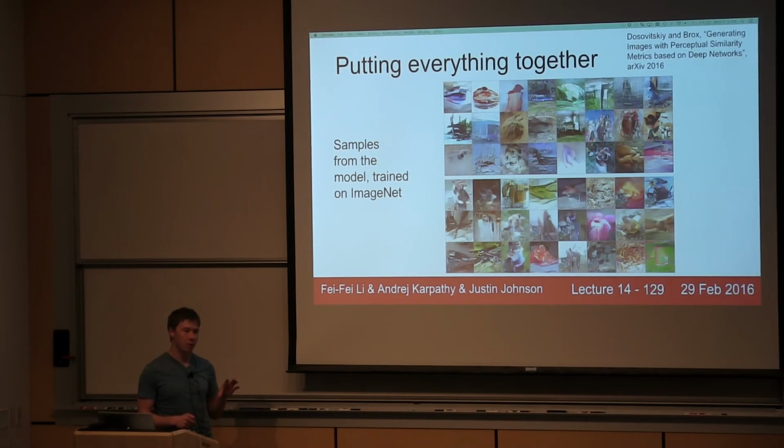And those beautiful bedroom samples that you saw were, again, from training one model that's specific to bedrooms. But here, they actually trained one model on all of ImageNet. And still, these aren't real images, but they're definitely getting towards real-ish looking images. So I think these are pretty cool. I also think it's kind of fun to just take all these things and stick them together and hopefully get some really nice samples.